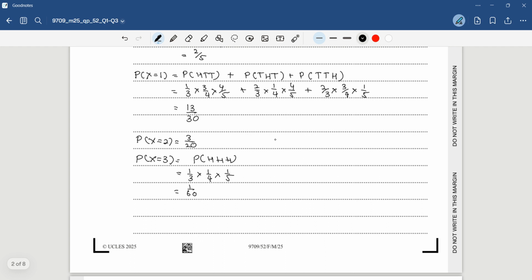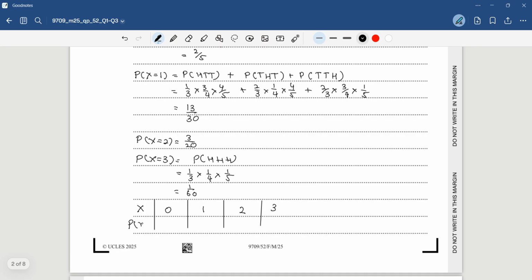Okay, therefore the probability distribution table, we start with x equal to 0, x equal to 1, x equal to 2, x equal to 3.